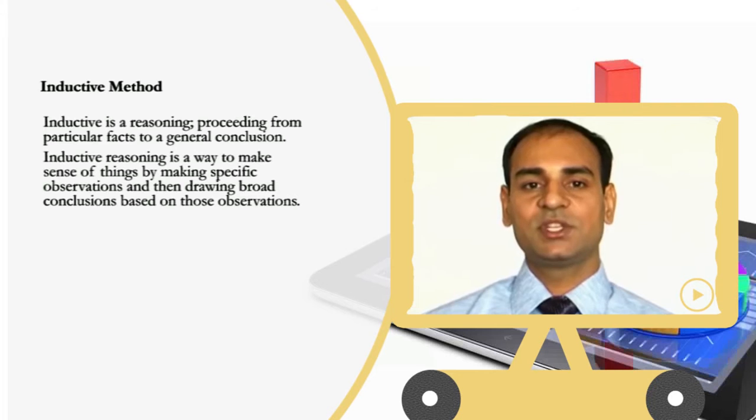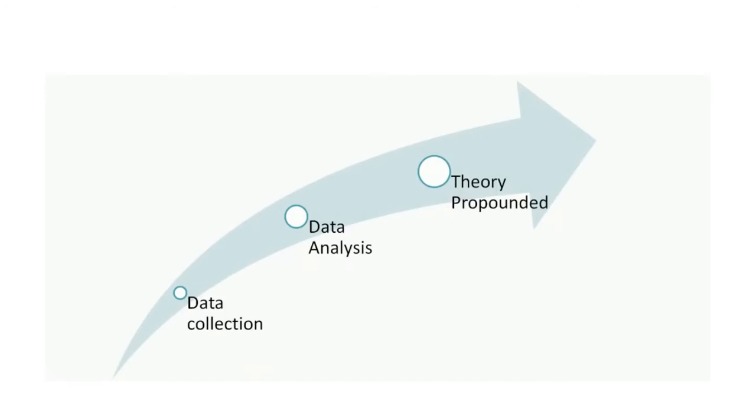After establishing the logical relationship of that fact with the problem or principle, he comes to form a theory, principle, or assumption. This inductive reasoning starts from data collection, the second stage is data analysis, and after analyzing the data, any theory can be propounded.